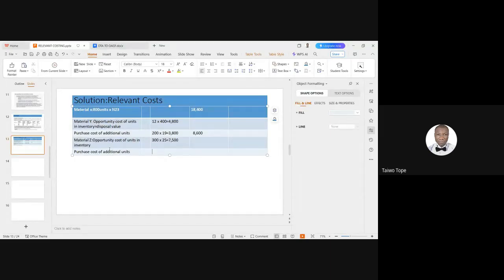The value will be what? 200 multiplied by 40. And we have 8,000.